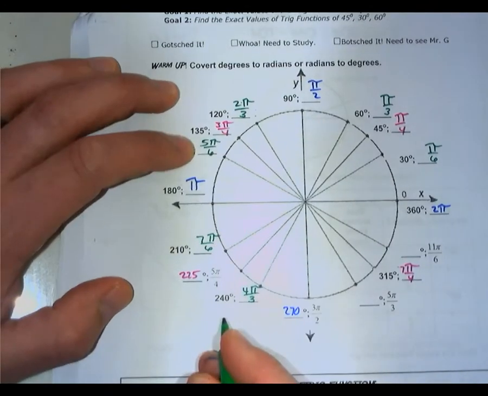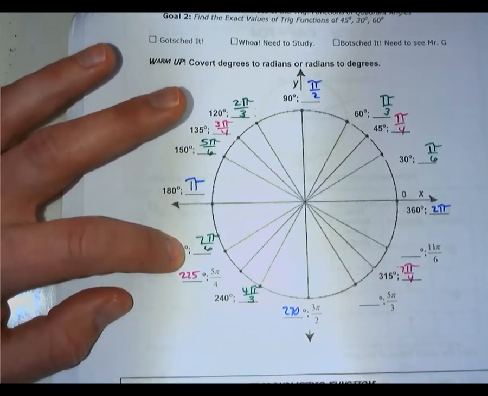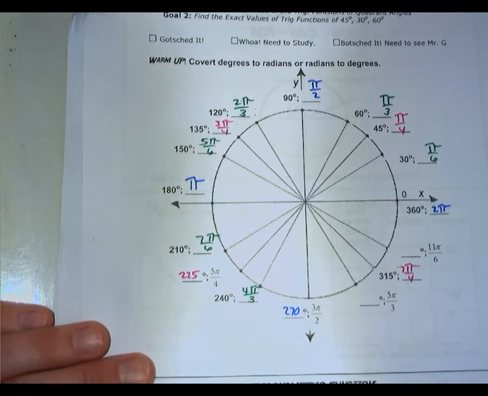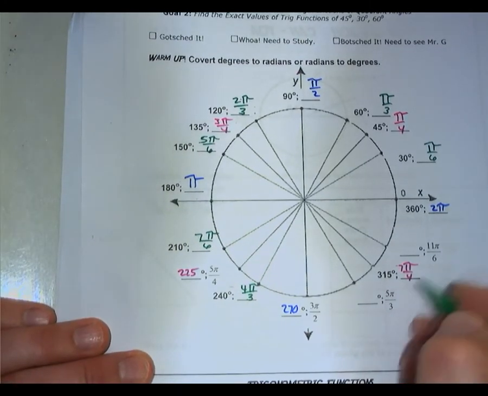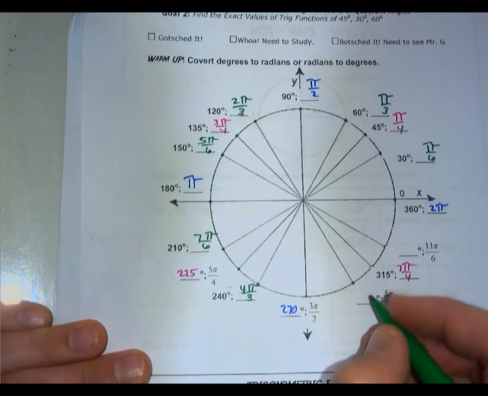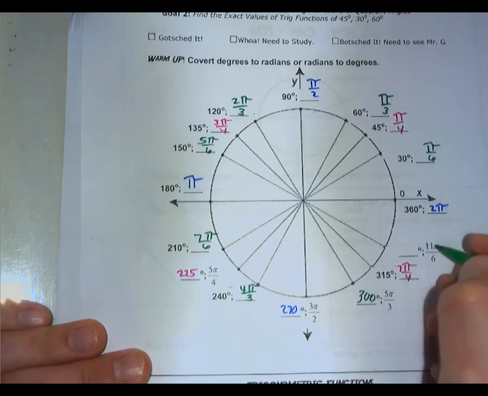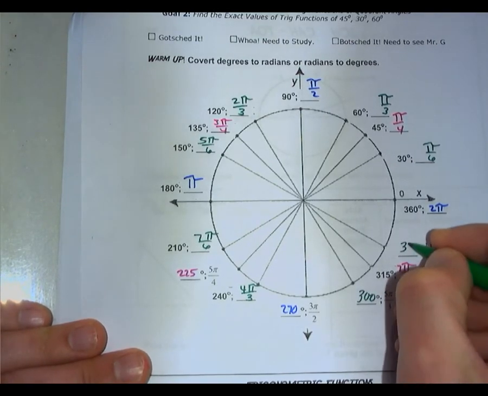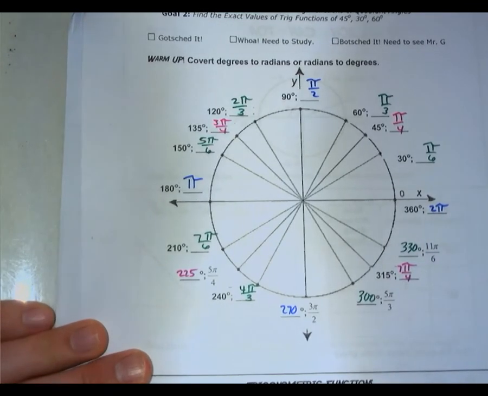So this is 5 pi over 6, 6 pi over 6, 7 pi over 6. These are the two that you probably won't memorize, but a lot of these you'll start seeing relationships. So 5 pi over 3 is 300, and 11 pi over 6 is 330, reduced by 30 there.